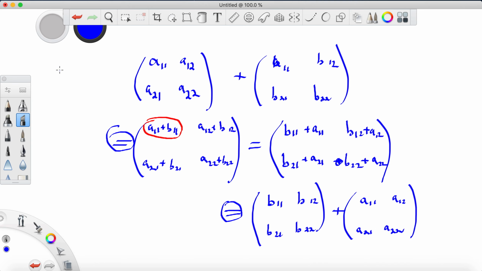Okay, so we can summarize this by saying a plus b is equal to b plus a.